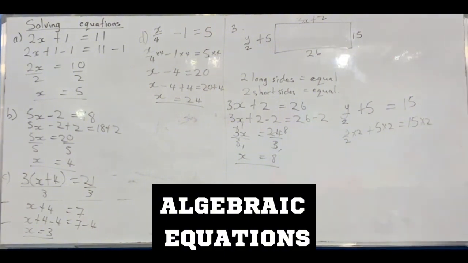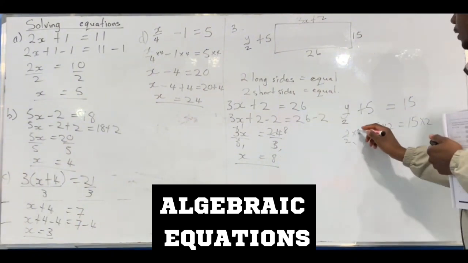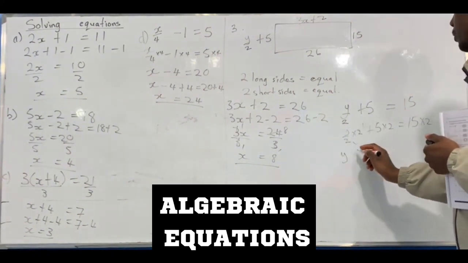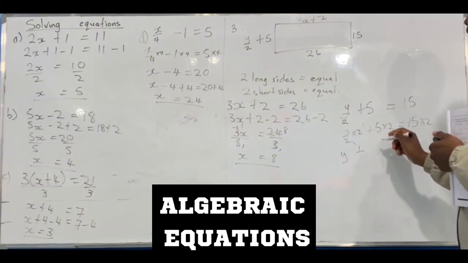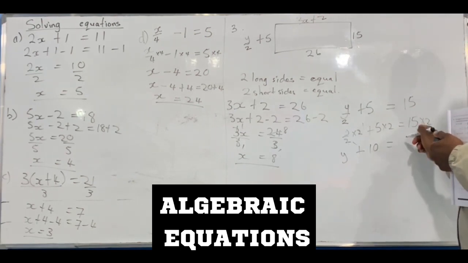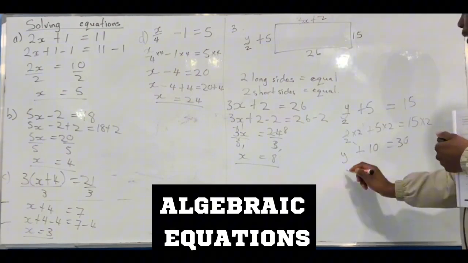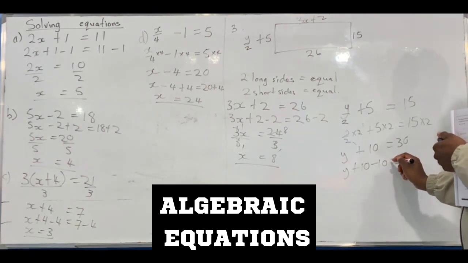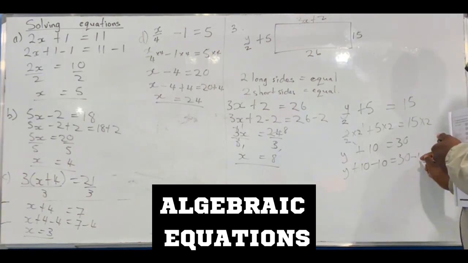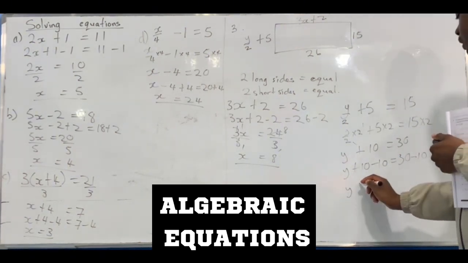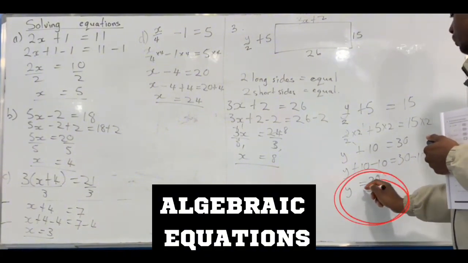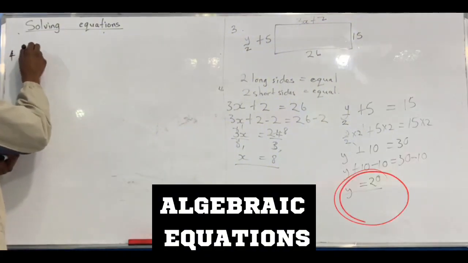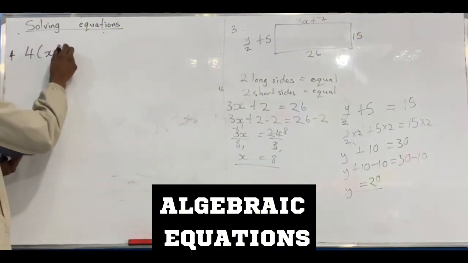This is an expanded form of the problem, which is easier to solve. These ones cancel each other out. We remain with y plus 10 equals 30. Alright, y plus 10 minus 10 equals 30 minus 10. Then we remain with y is equal to 20. Okay, then we move on to the next one.